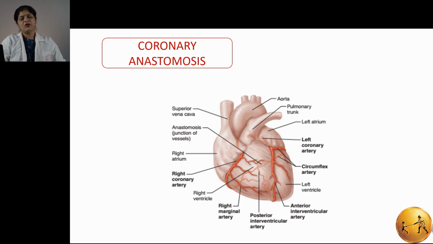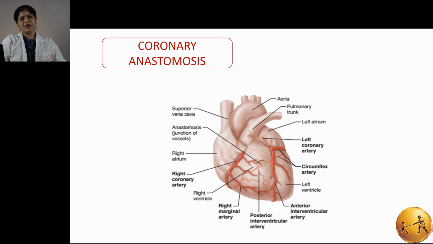Now the right coronary artery and the left coronary artery both anastomose, or join with each other. At the apex here, the LADA, that is the left anterior descending artery, comes in the anterior interventricular groove and reaches the apex, and from the posterior side, the PIVA, that is the posterior interventricular artery, anastomoses with this.